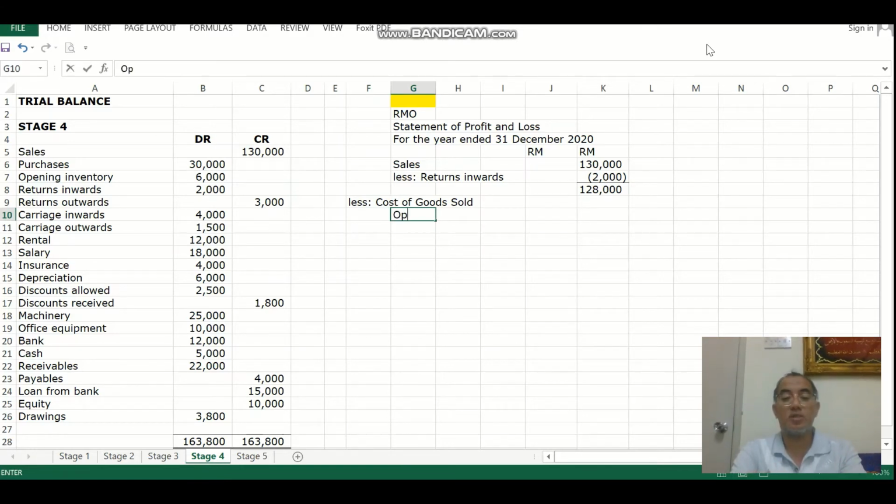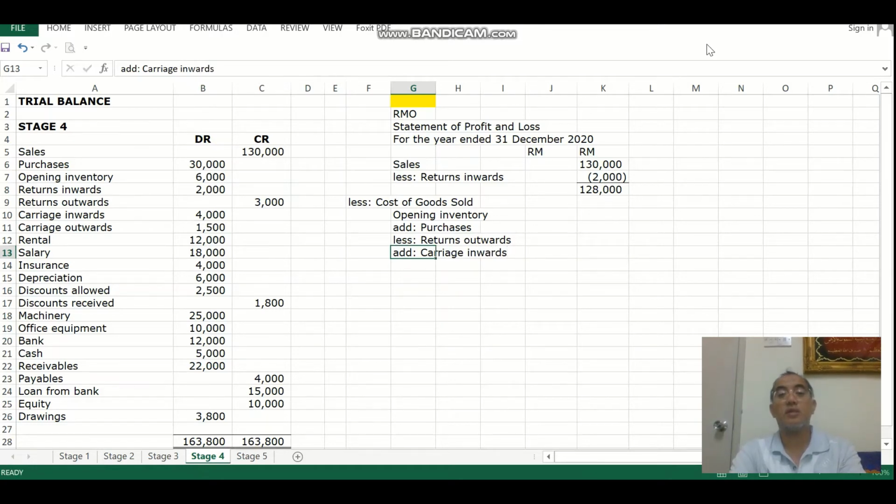Cost of goods sold consists of your opening inventory, add purchases during the year, minus returns outwards, and we have carriage inwards, and lastly less closing inventory.